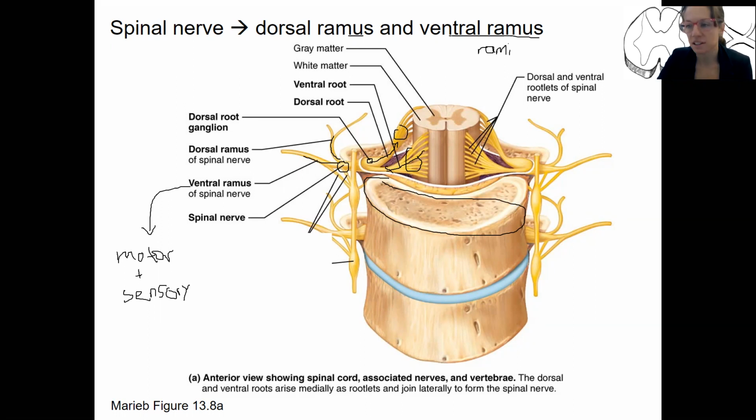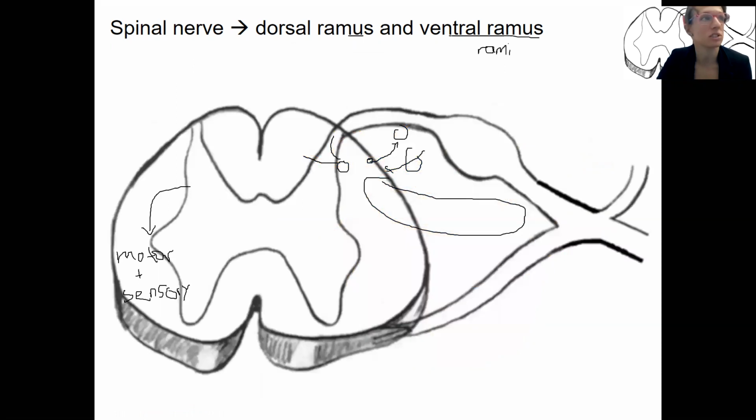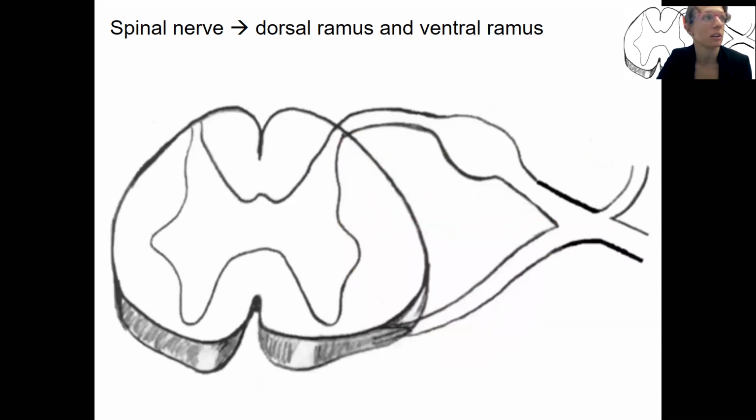So as always, it's helpful to draw this out ourselves. Let's draw this. We are going to have motor and sensory nerves, meaning combinations of many axons. And so I'm going to draw two neurons that might make up the nerve. So here's two separate neurons.